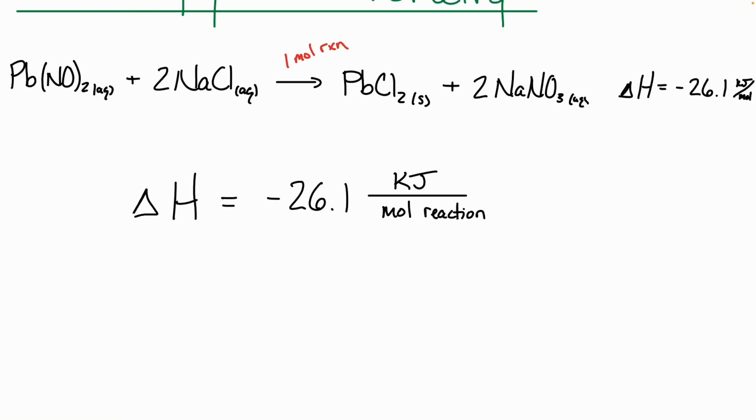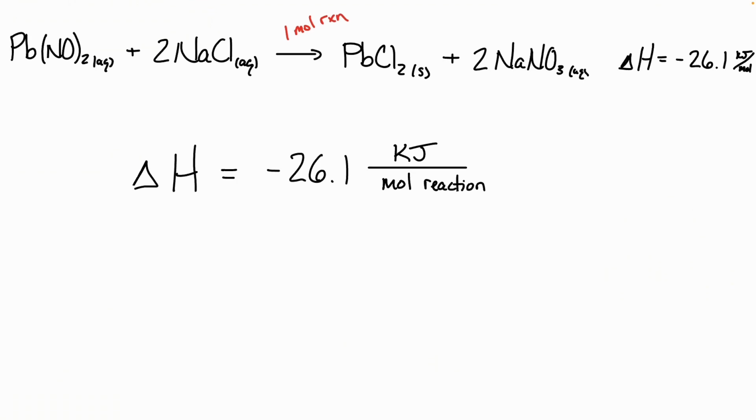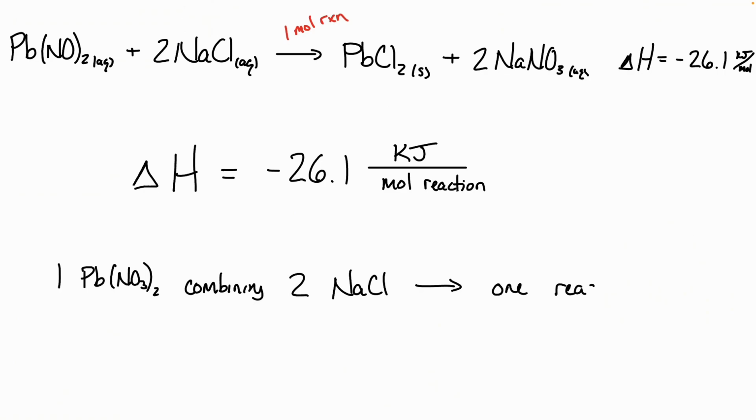All right, so let's remind ourselves, a mole is analogous to a dozen here, right? So if I had 1 Pb(NO3)2 combining with 2 of the NaCl's, we would say that was 1 reaction.